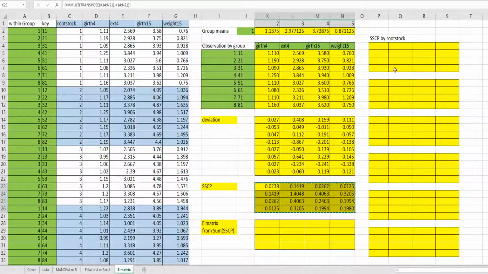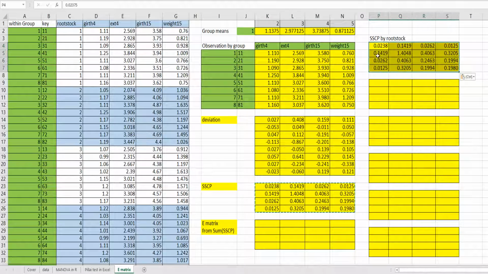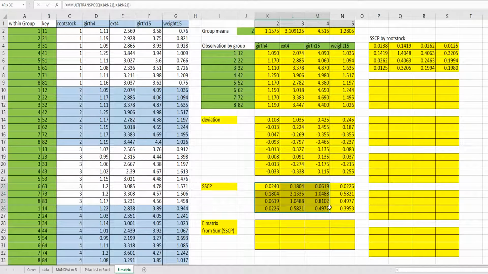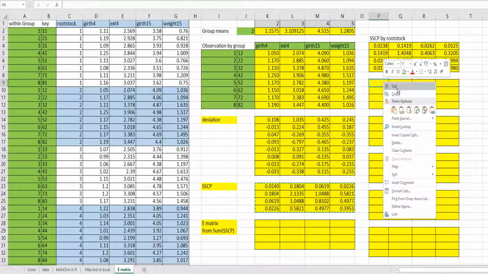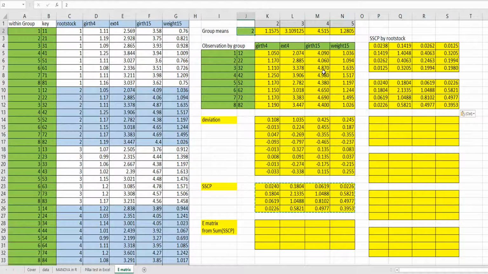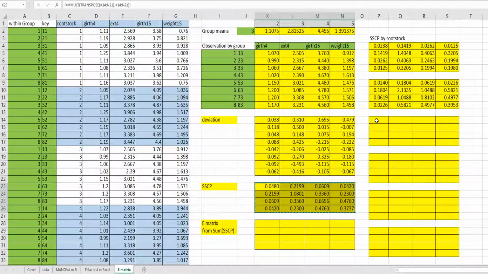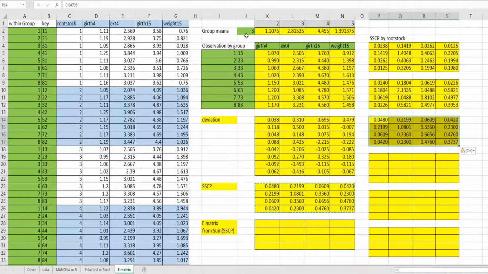So copy and let's paste it here. And for the second group, okay, copy and paste. And for group 3, copy, paste.